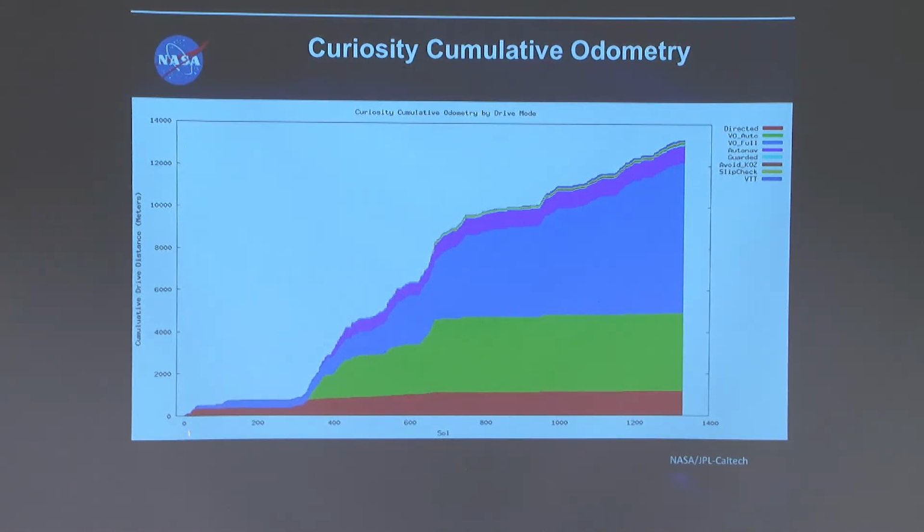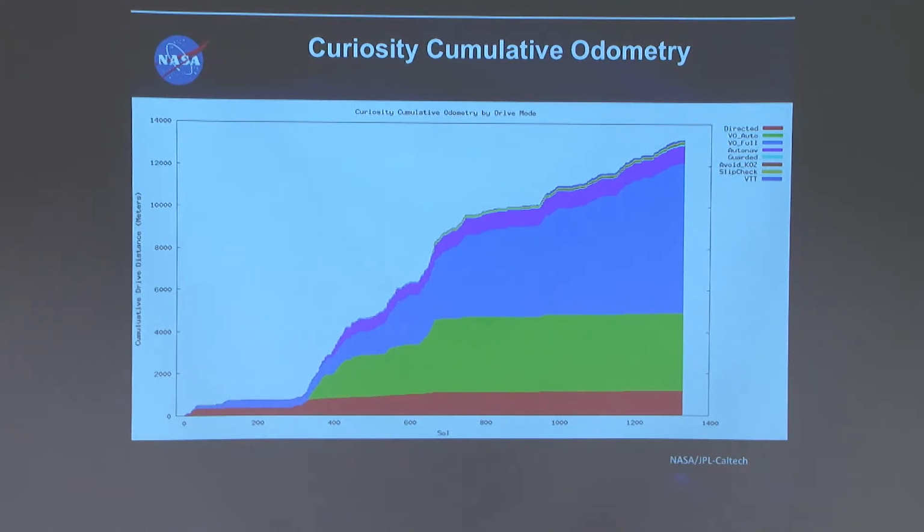So in the beginning, you can see the majority of drives are directed drives. That means humans compute the path and actions, and tell the rover to drive. But as they gained more expertise about Martian terrain, they started using this autonomous navigation software. At around sol 1300, you can see almost 80% of drives use some form of autonomous navigation. So it's good to learn these robotic technologies because they are used heavily in space, I would say.